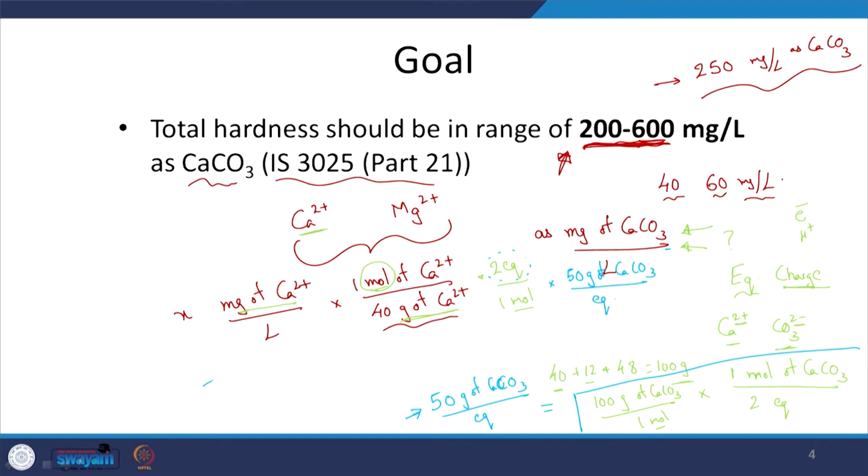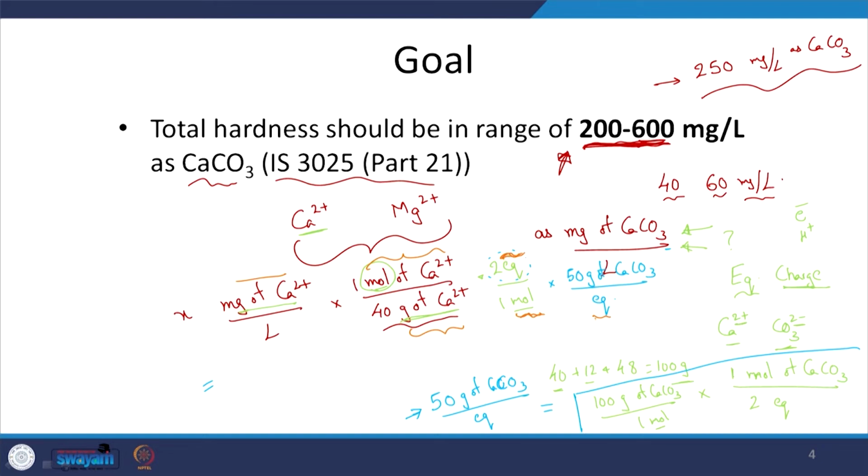Now what are the units? Let us just check. As we see, this mass term and this mass term cancel out, and then this moles term cancels out. Mass of calcium you can only cancel out with mass of calcium, and moles of calcium only with moles of calcium, but equivalents here are with respect to charge.